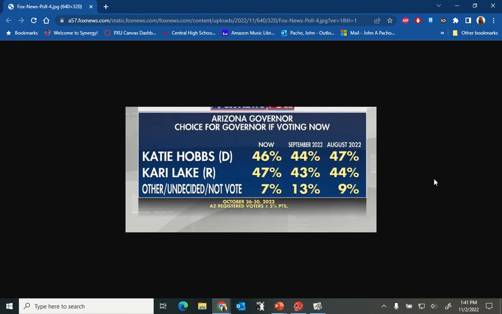So if you look at the bottom, whenever you're looking at this, it's going to be a plus or minus. So that's plus or minus 3 points. Their confidence on this one. So if we're talking about Kari Lake, she can go as high as 50, but then down to as low as 44, right? And Hobbs, it can go as high as 49 and down to as low as 43.